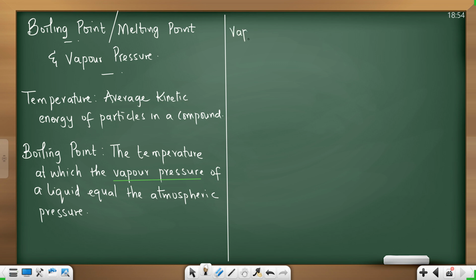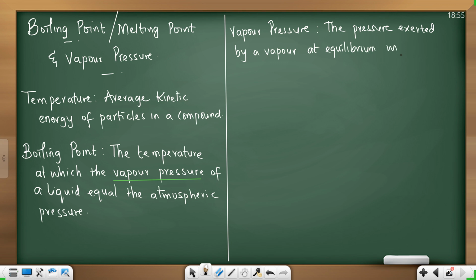Vapor pressure is the pressure exerted by a vapor at equilibrium, and that's a very important word, with its liquid in a closed system. The pressure exerted by a vapor.